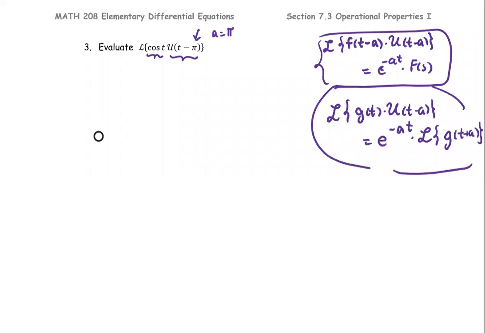In this case, our g of t is cosine t. So then g of t plus a, which is g of t plus pi, is cosine of t plus pi.